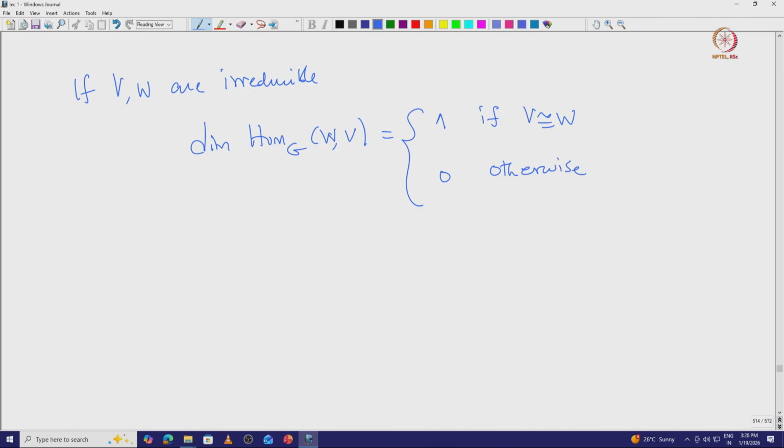So, this is just Schur's lemma. So, as a direct application we get the orthogonality of these irreducible characters.